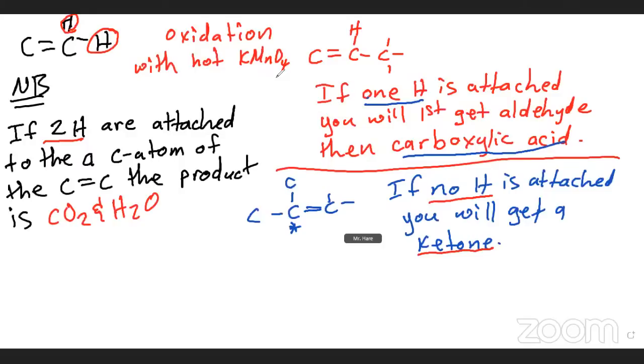Take a screenshot for me. All right, let me so we can quickly explain acidity of organic compounds to you, and then we wrap.